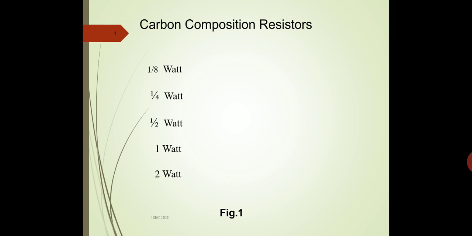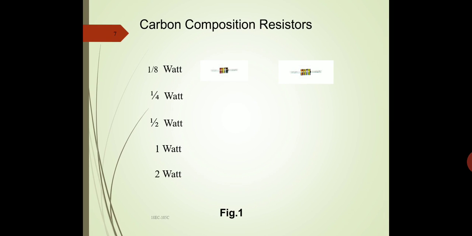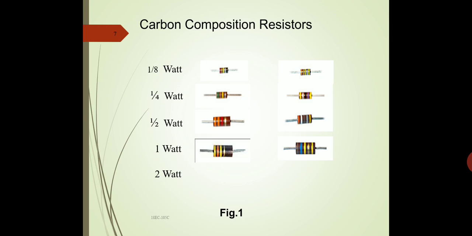Well, here is the table which is showing the sizes of the different resistors having different wattage. You can just see here. This is 1/8 watt, very small one, then a quarter watt, then half watt, then you can see 1 watt, then you can see a 2 watt resistor.